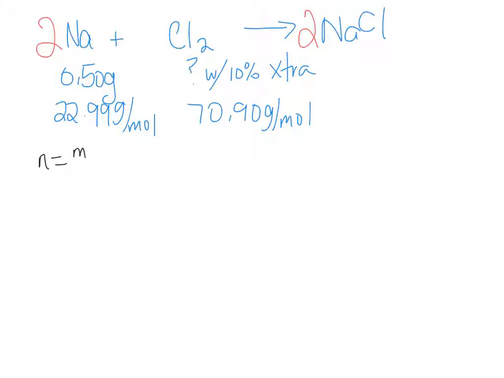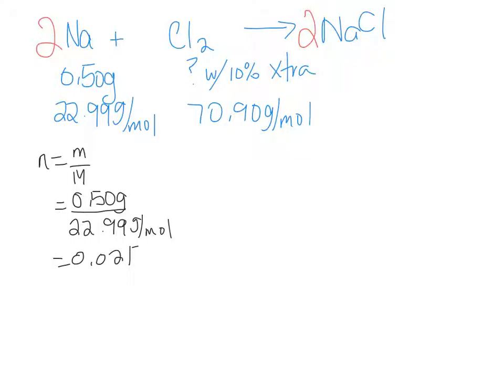Moles is mass divided by molar mass. So 0.5 divided by the molar mass gives us 0.021748 moles of sodium.